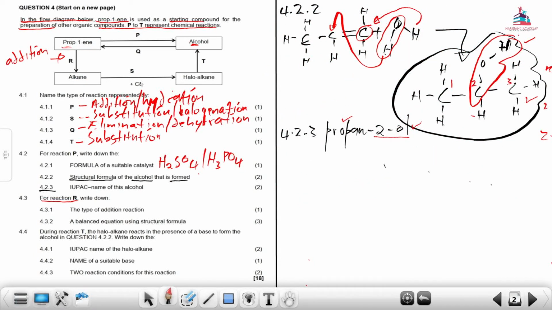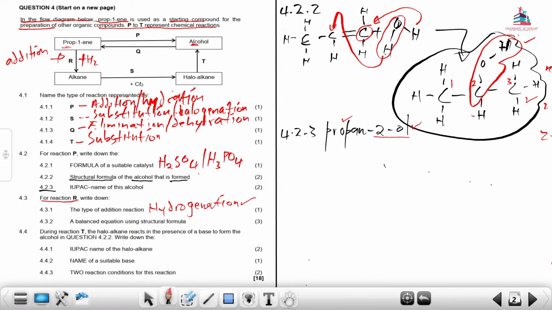It says write down the type of reaction. The only way of me getting only a hydrocarbon, which is an alkane in this case, is to add hydrogen. So me adding hydrogen means this should be hydrogenation. Remember, it's a type of addition.